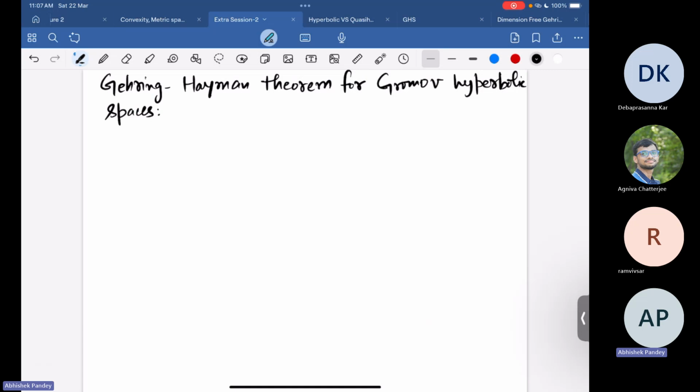The second is the quasi-convexity condition. The proof of the uniformization theorem depends upon a result which we call the Gehring-Hayman theorem for Gromov hyperbolic spaces. Let me quickly mention this.